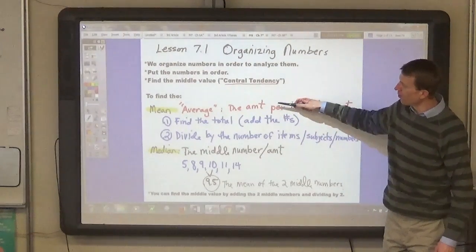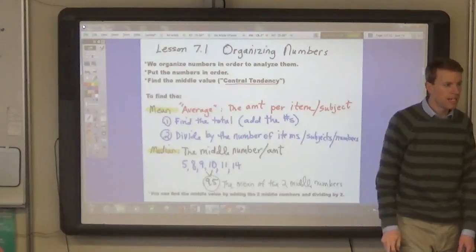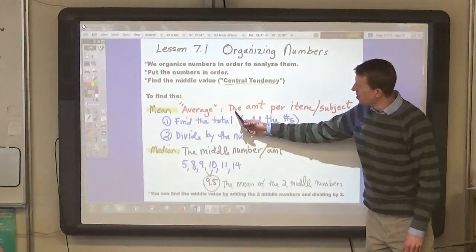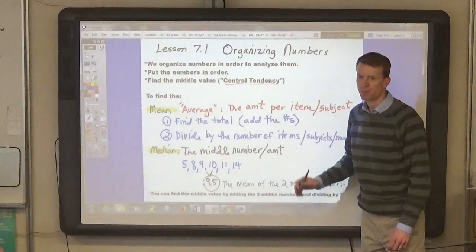Now, the first way is to find the average of the numbers, also called the mean. The mean is the amount per item, or the amount per subject.